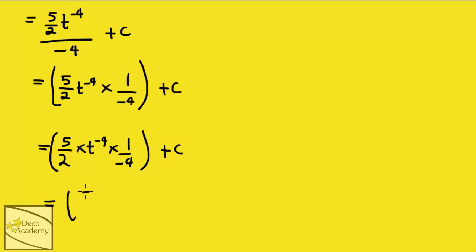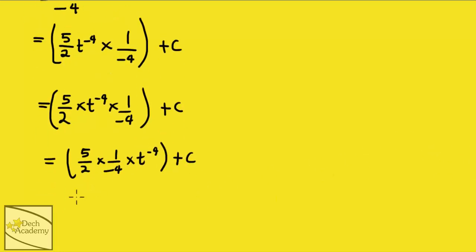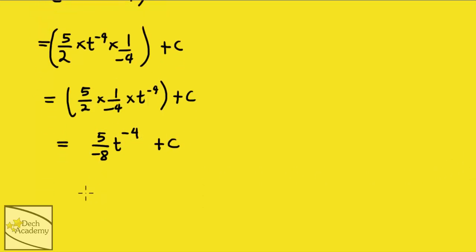And I can rewrite it as 5 over 2 times 1 over minus 4 times t to the minus 4 plus the arbitrary constant, which is 5 divided by minus 8 times t to the minus 4 plus the arbitrary constant, which is the same thing as minus 5 over 8 t to the minus 4 plus the arbitrary constant.